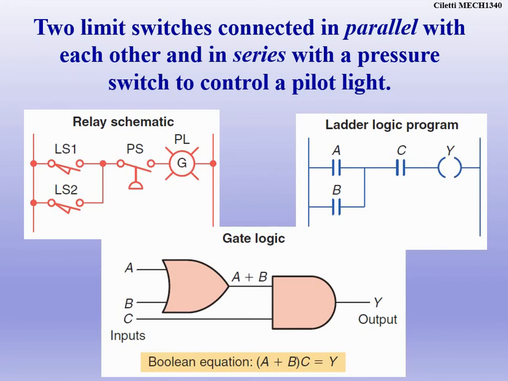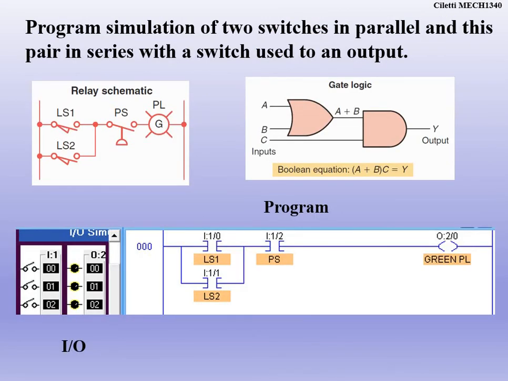Those of you that didn't take digital electronics, hopefully this is coming together for you, so you can see how all three relate to one another here. And then obviously you should be able to figure out how the program works here. The program looks pretty identical to our schematic, and even how our logic gate is going through.